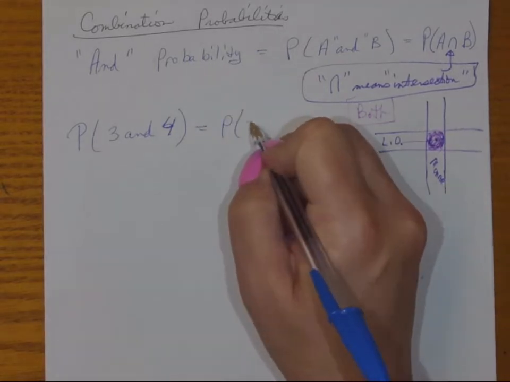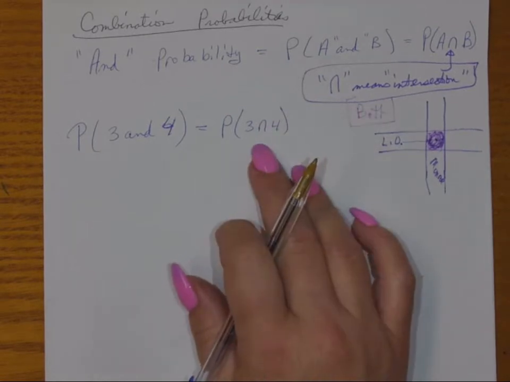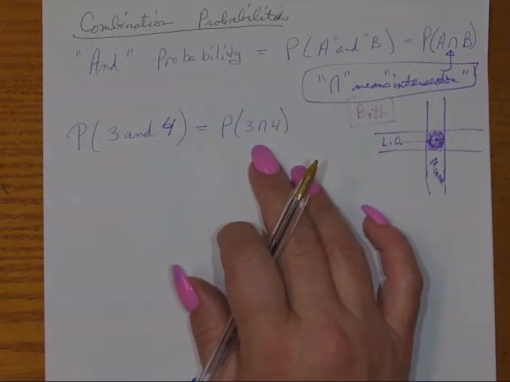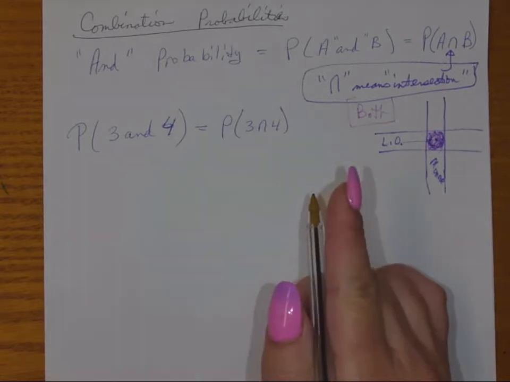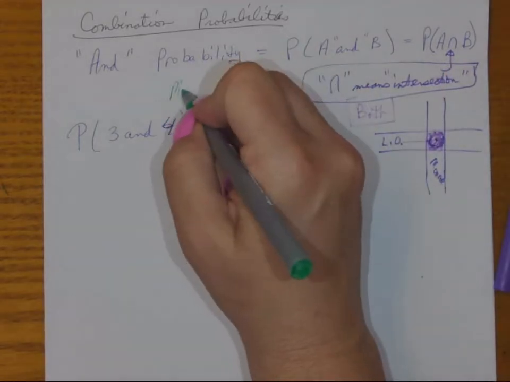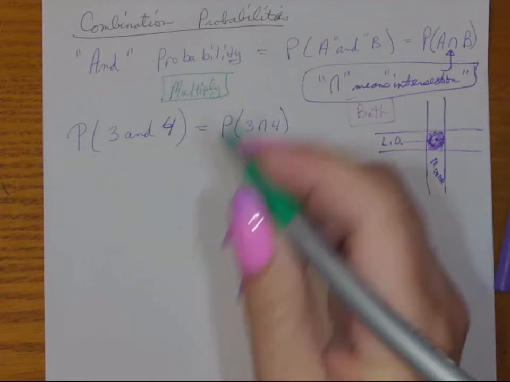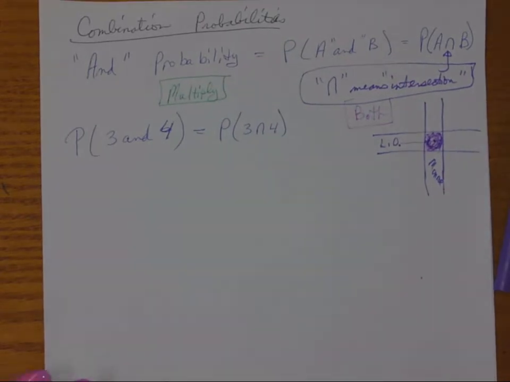Well, mathematically, that looks like 3 intersect 4 with the little upside down U. And we know that whenever we're working on these kinds of intersections, the ANDs, we've said 2 or 3 times, we've done several problems like this, where we would multiply, right?